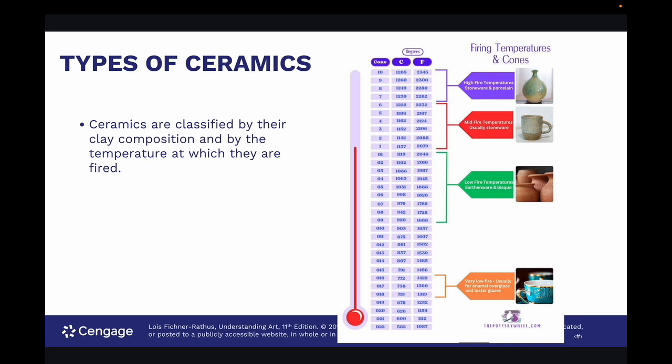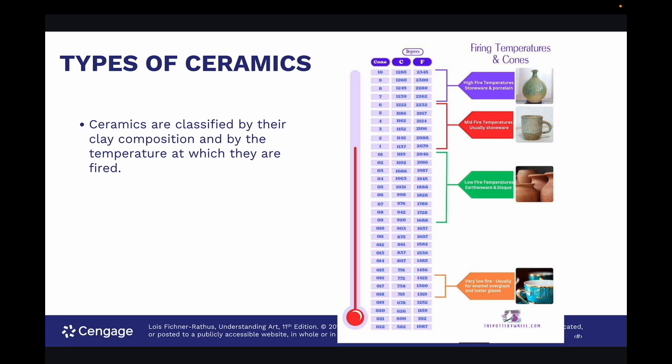There's different types of clay, and they're classified by their clay composition and the temperature that they're fired at. So in the world of clay, the temperatures correspond with pyrometric cones. So low fire temperatures, earthenware and terracotta, fire somewhere between cone 09 and 01.